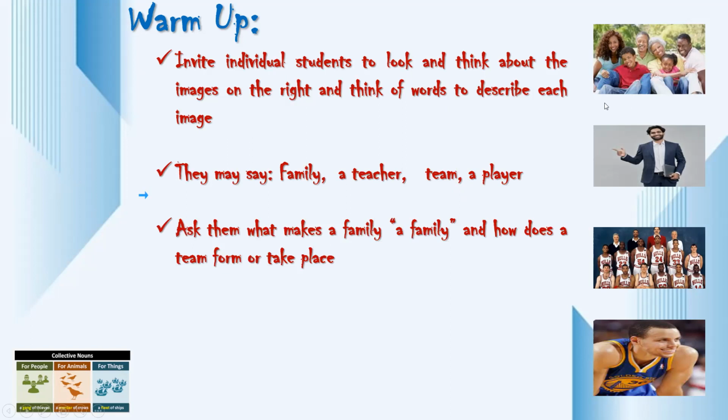Then have them work in pairs or in small groups, asking them, what makes a family a family? And how does a team form or take place? Ask students to share stories about their family makeup. What makes up their family?